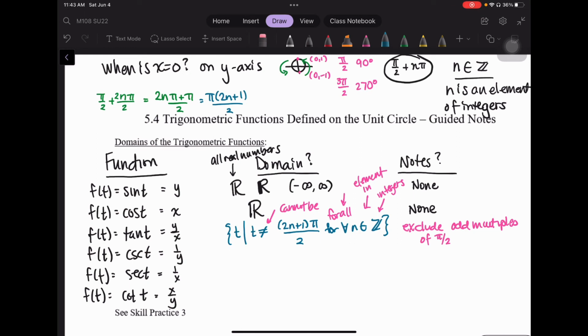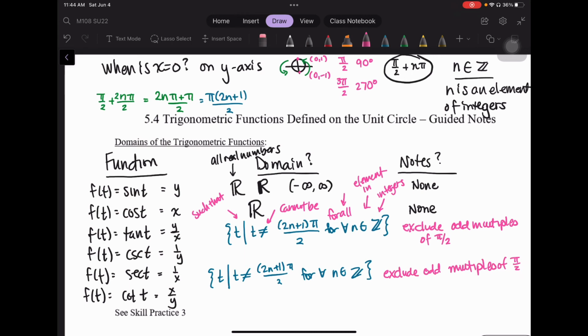So we're going to say that for t such that, this means such that, this is set notation here, t such that t cannot be equal to 2n plus 1 pi over 2 for all n in Z, meaning for all integers. Make it a little bit prettier. Same notation, exclude odd multiples of pi over 2.